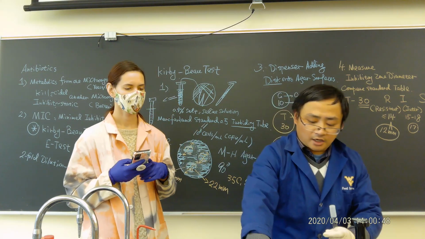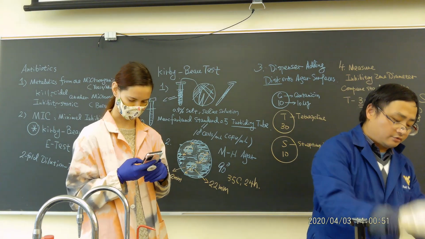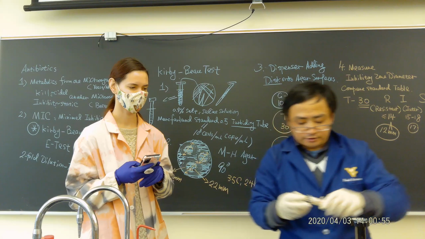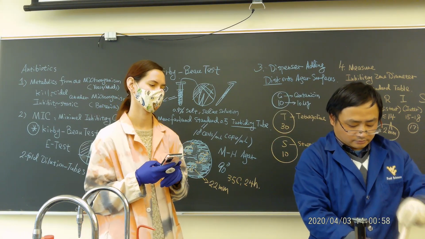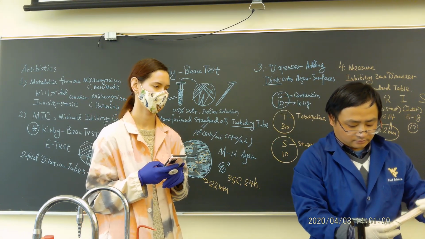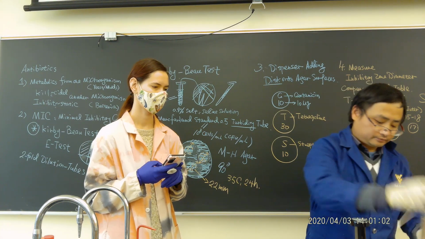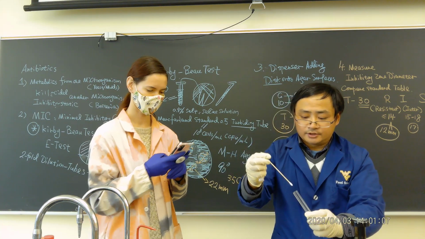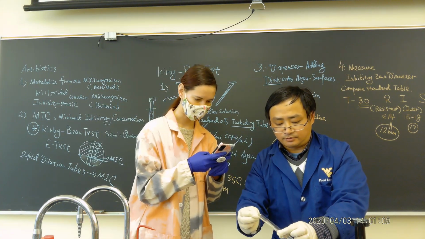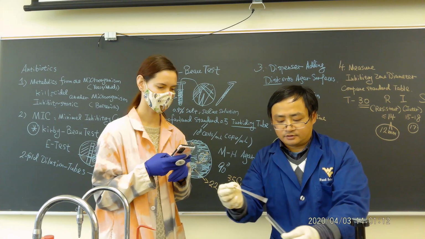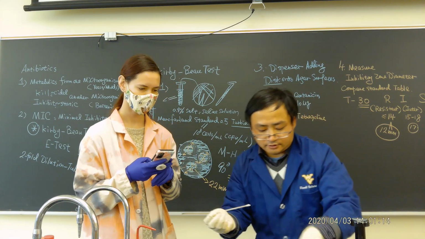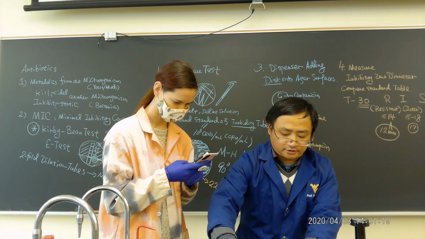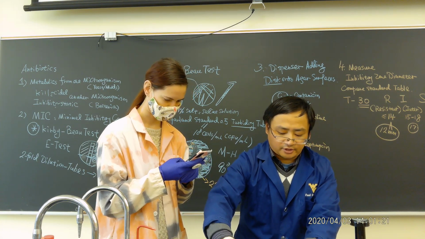Okay. Now we're going to add it onto the surface. How do we add it? We take another cotton swab. So we are using another cotton swab and we dip it inside. Okay, take it out. Then you have to spread it like this, very, very gentle.